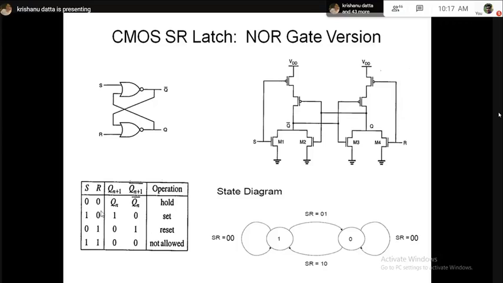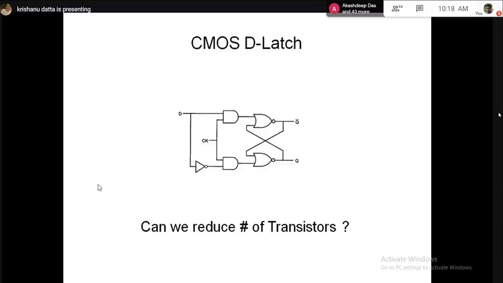This means with that particular inverter, the circuit works in a way so that only these two states are possible when clock equal to 1. This means whatever be the data will go to the output. That is the importance of putting the inverter. So in traditional digital electronics, this is how we implement a data latch.